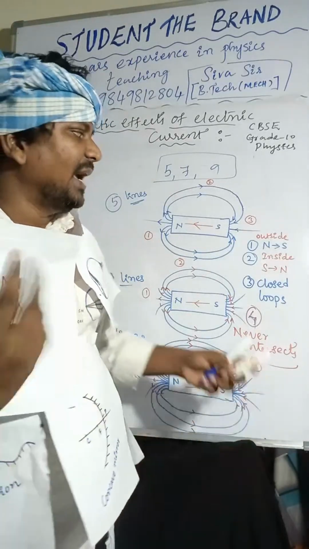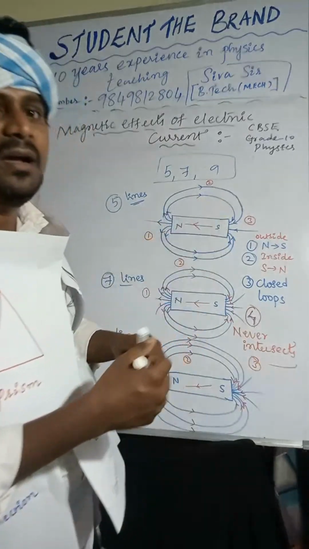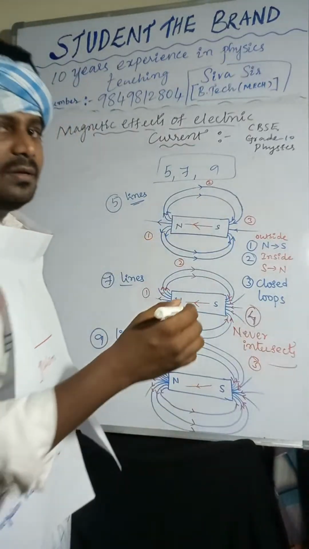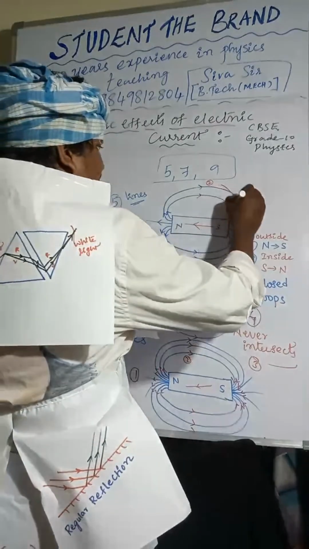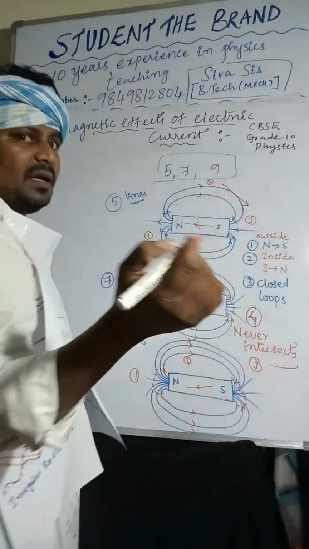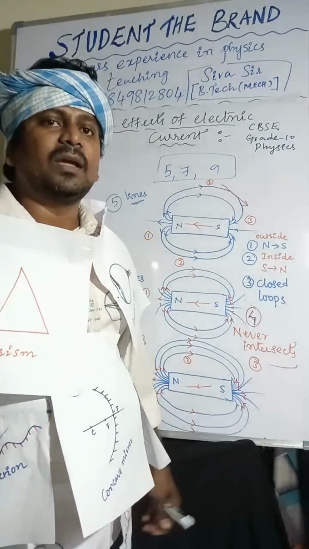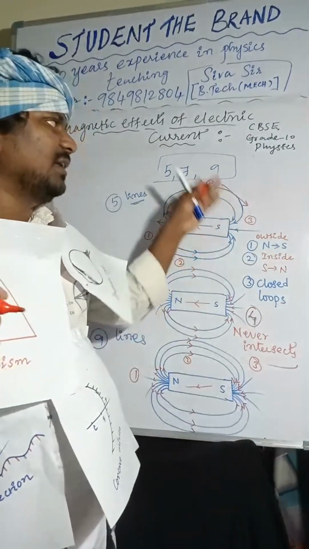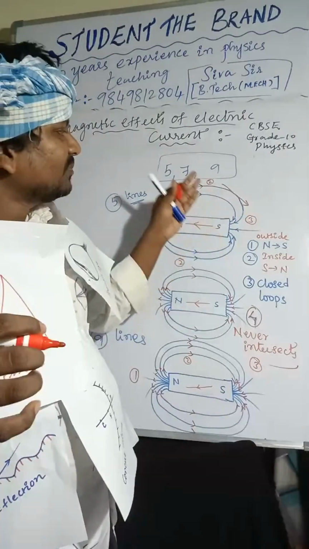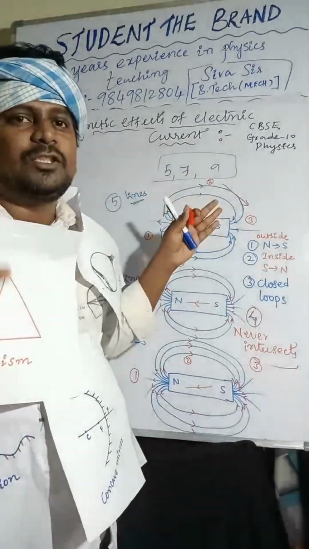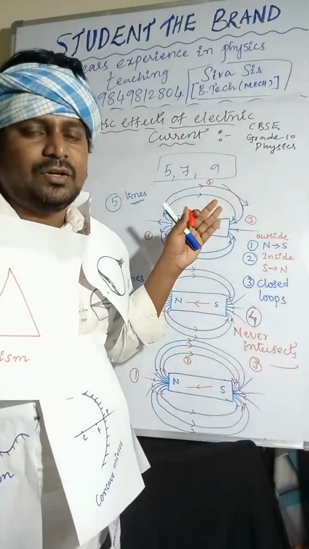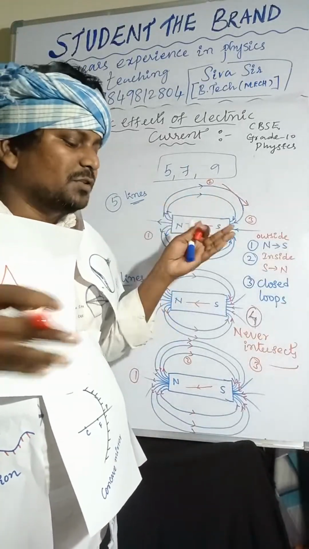So if the lines are intersecting, as the second one said, it only shows the direction of the magnetic field at the point. If you are drawing the line at this point, the compass shows only one direction at a time. It won't show many directions.